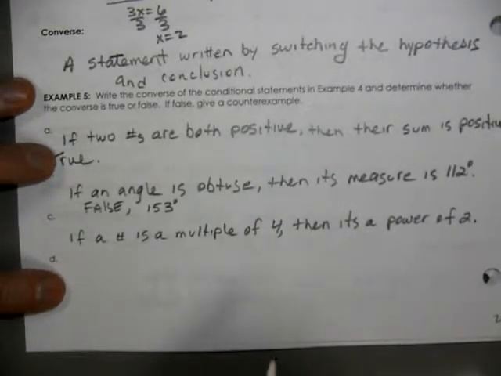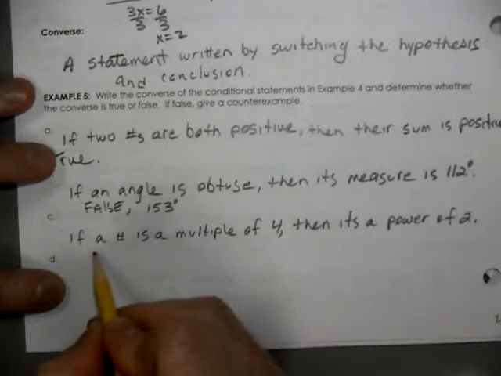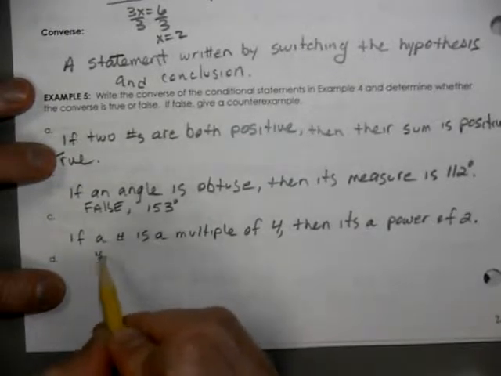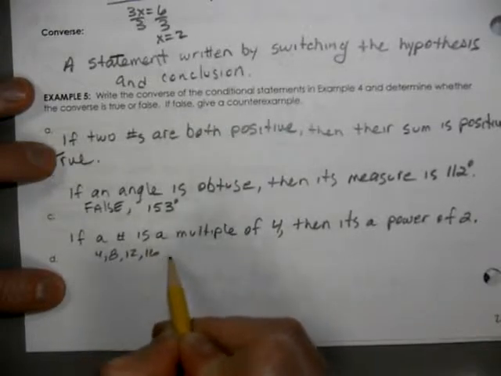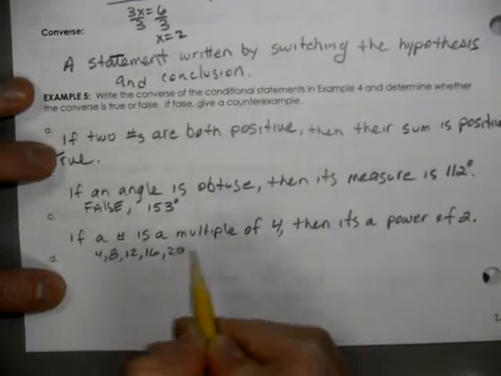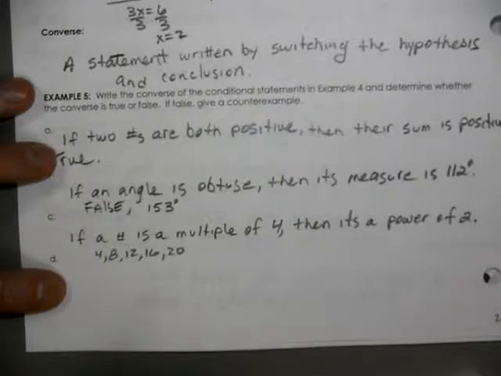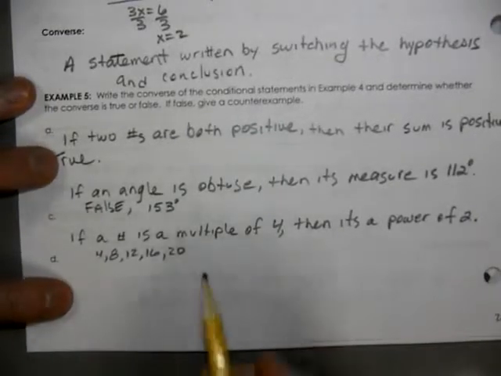So multiples of 4 would be 4, 8, 16, 4 times 1, 4 times 2, 4 times 3, 4 times 4, 4 times 5. 16 would be one of those. Is that a power of 2?